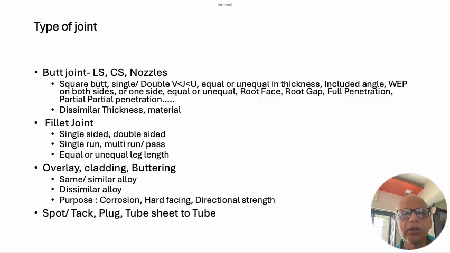Accordingly you make a joint. Normally square butt is used up to 2 millimeters or 5 millimeters depending upon the process. For TIG welding or SMAW welding, 2 to 3 millimeters is what you can penetrate very well and achieve a good penetration on the other side of the weld.